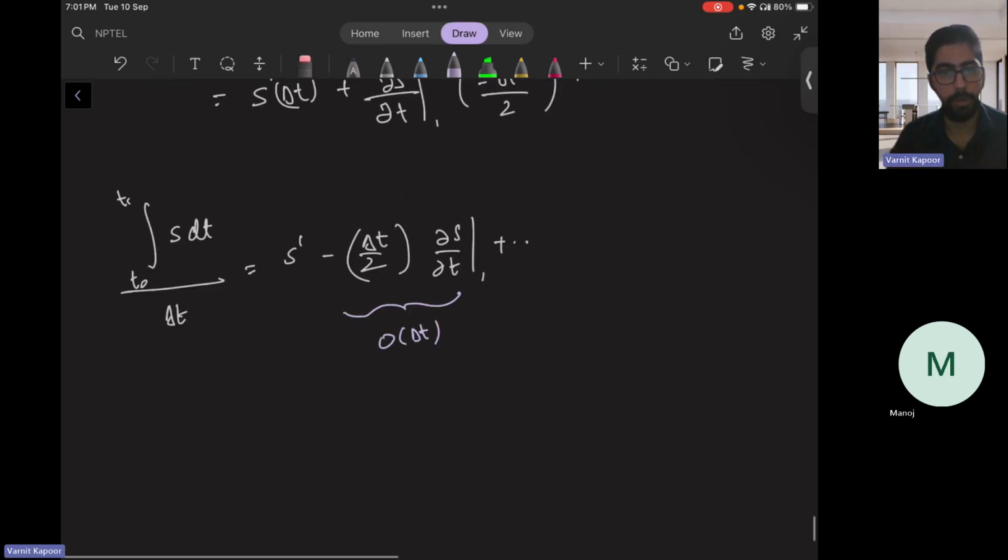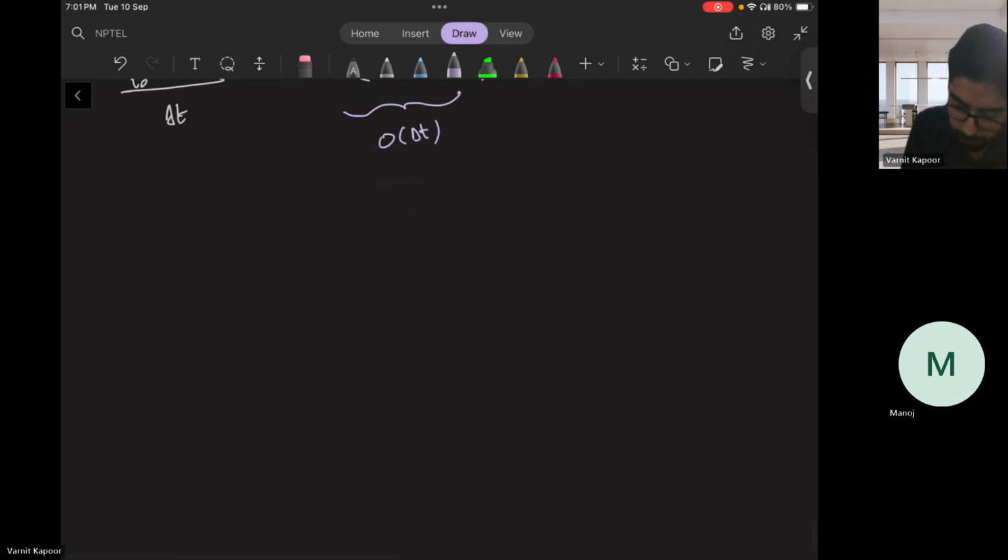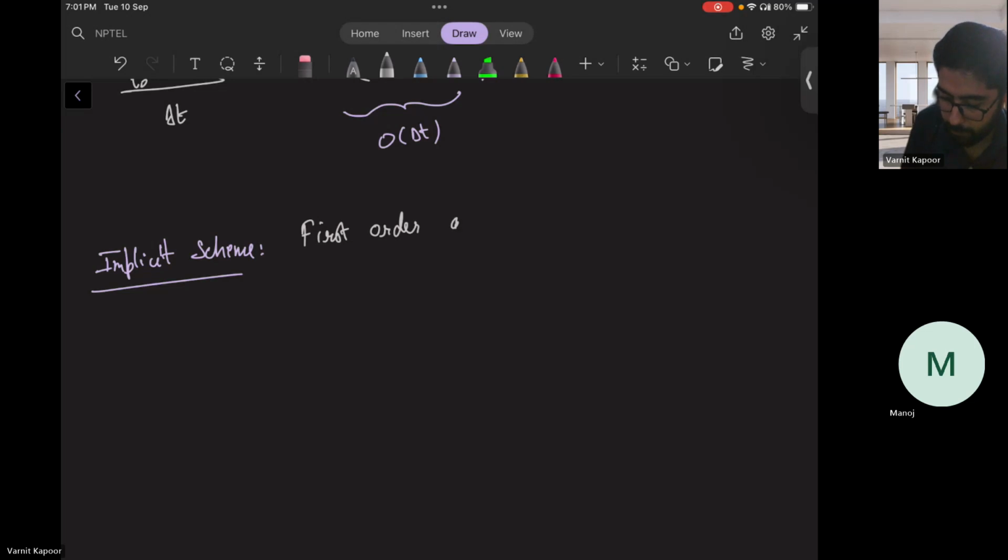Implicit scheme: first order accurate in time, and for a uniform mesh, second order accurate in space.